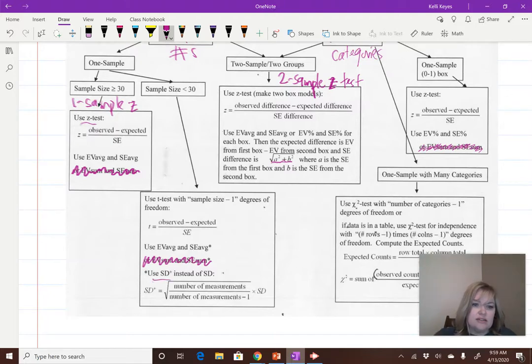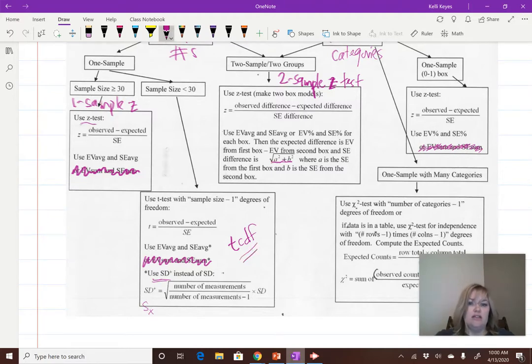Just remember you use SD plus, or if you're putting them in a calculator, remember it's S sub X, like SX in the calculator. And instead of norm CDF, you do TCDF. I can't even remember the shortcut, but I know I have that shortcut on the formula sheet that you can use on the final.